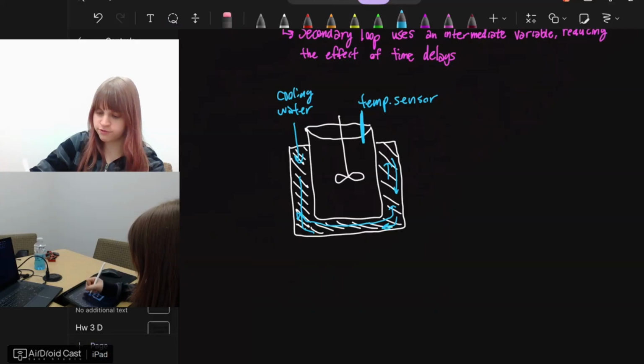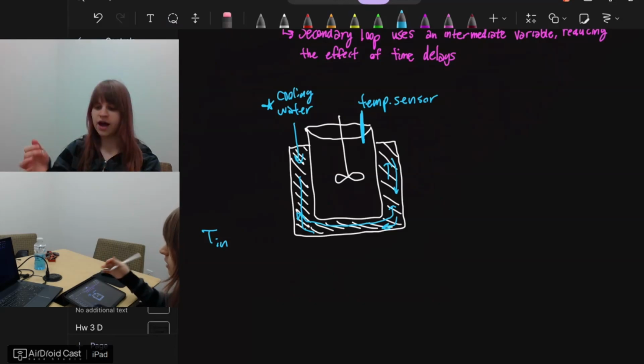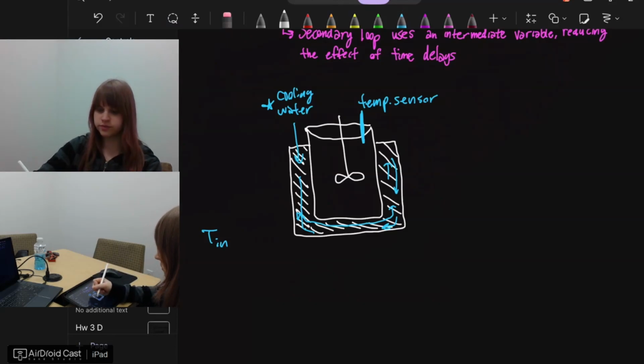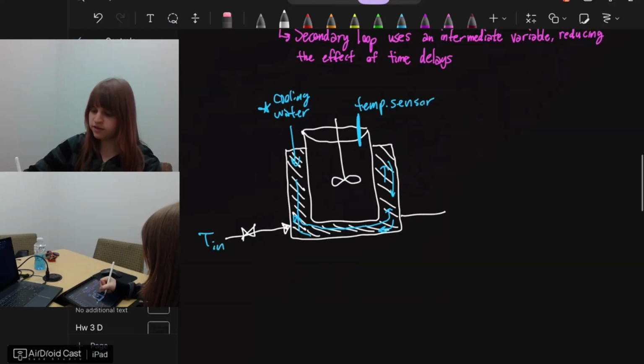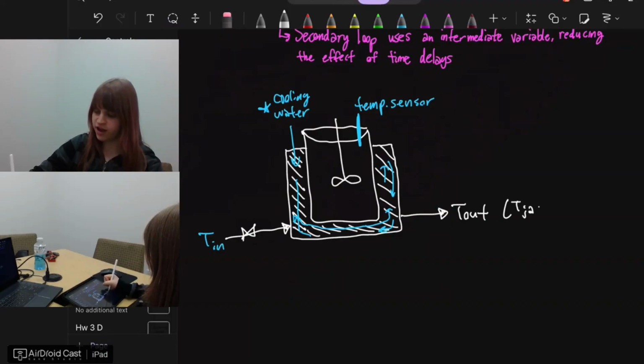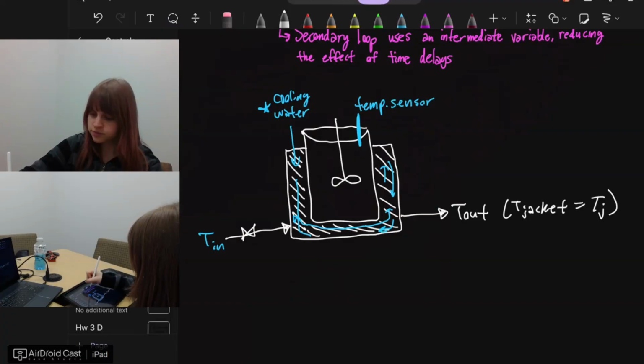So what we have from here is a temperature in. This is what can have our disturbances possibly. Goes into our jacket. We obviously have a temperature coming out, and that is the temperature of the jacket that I'll refer to as TJ. And then this right here is the temperature of the jacket.